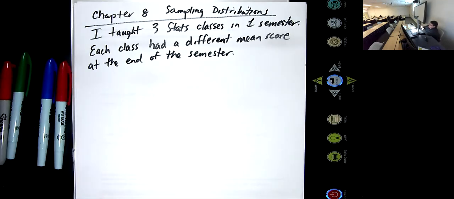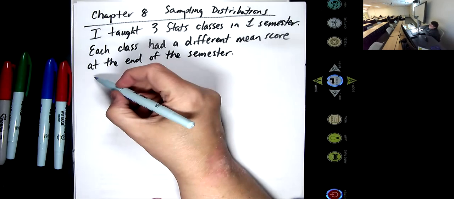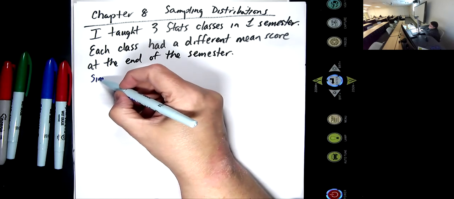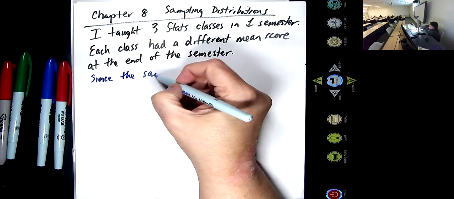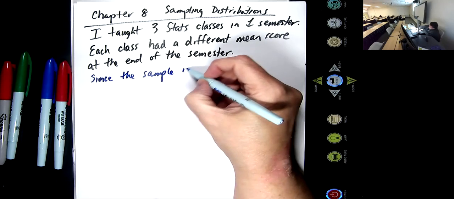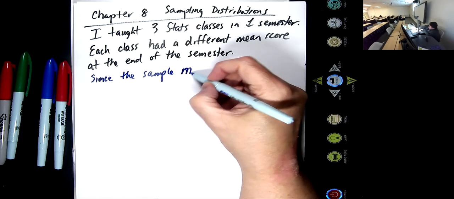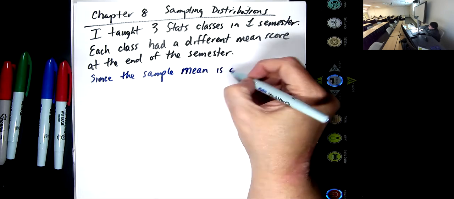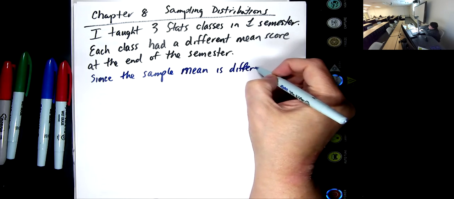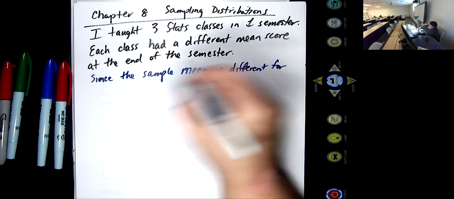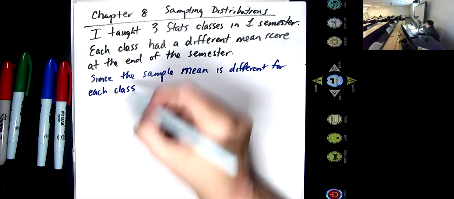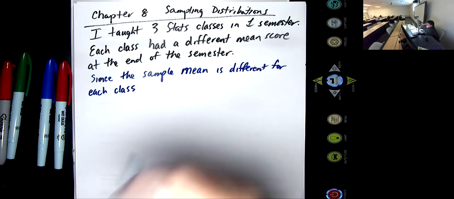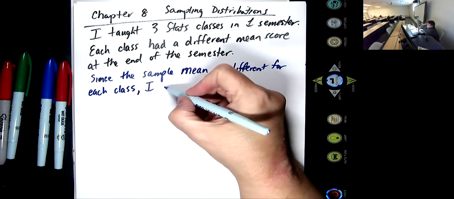Since my sample mean changes for each class, I can represent the mean as a random variable.